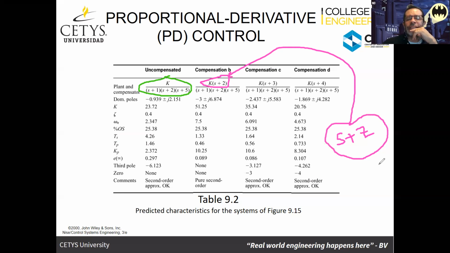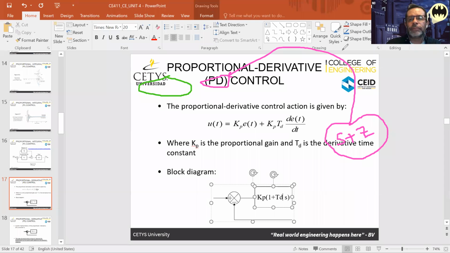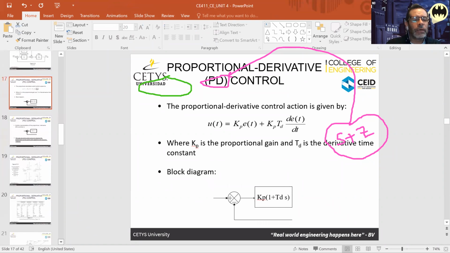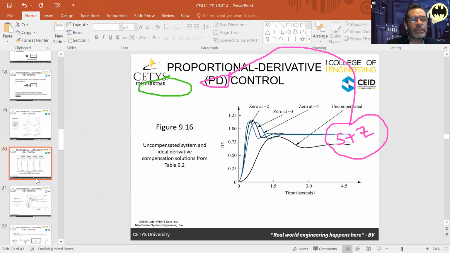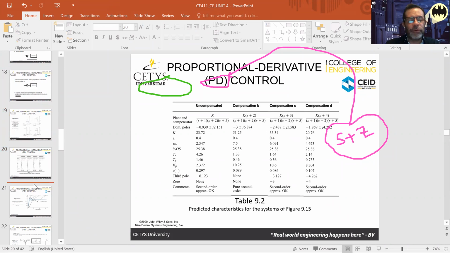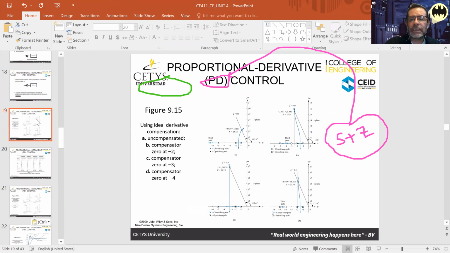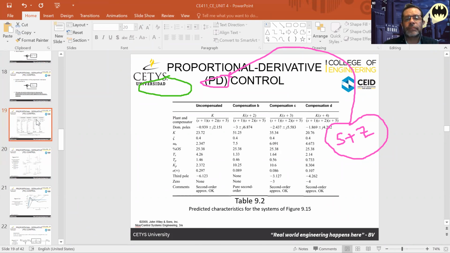I want to add something in the numerator with that model. So we're looking at 3 examples here where I'm adding the S plus Z to the numerator, in 3 different configurations. I'm adding one that says S plus 2, another that says S plus 3, and another that says S plus 4.